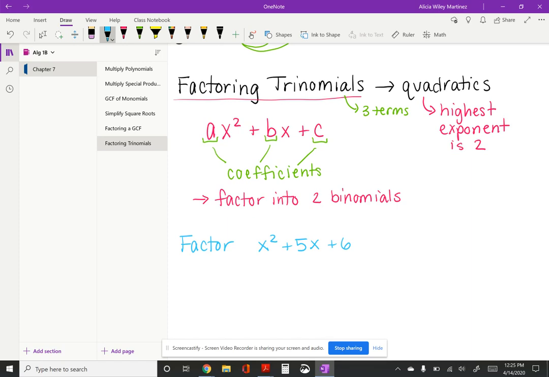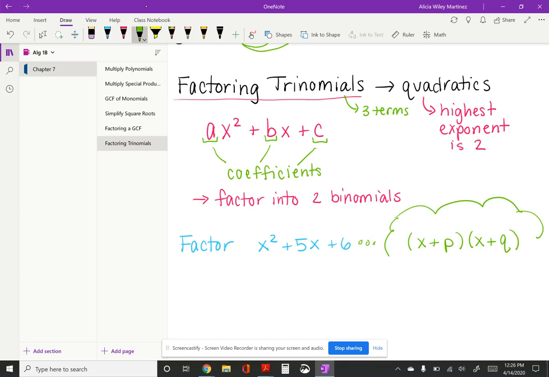So something in this form is going to factor into two binomials. What those two binomials are going to look like, and I'll do this sort of thinking off to the side, this is my thinking. The way that these are going to factor is going to look something like x plus p times x plus q, right?